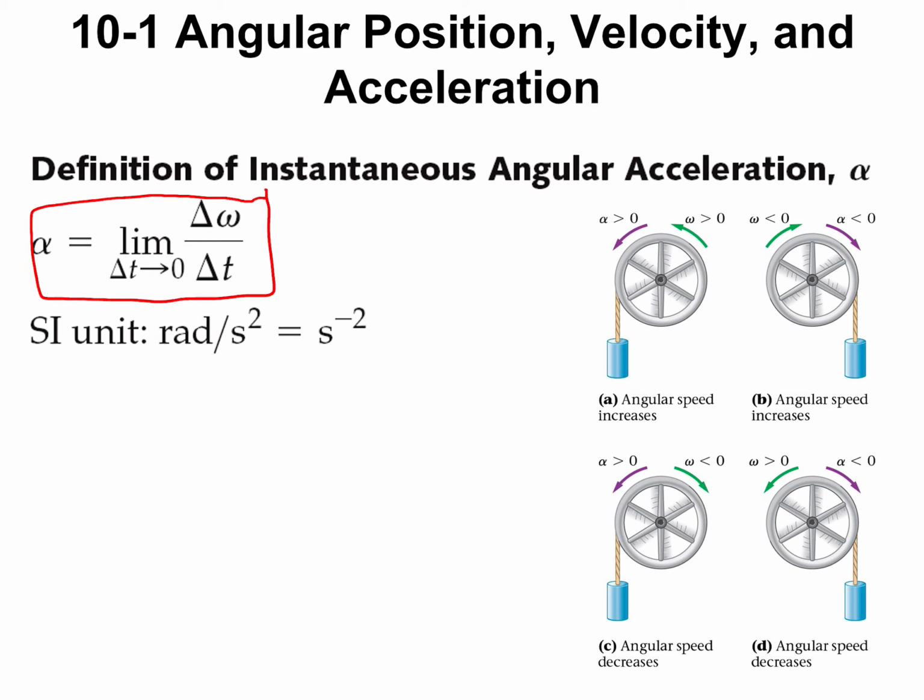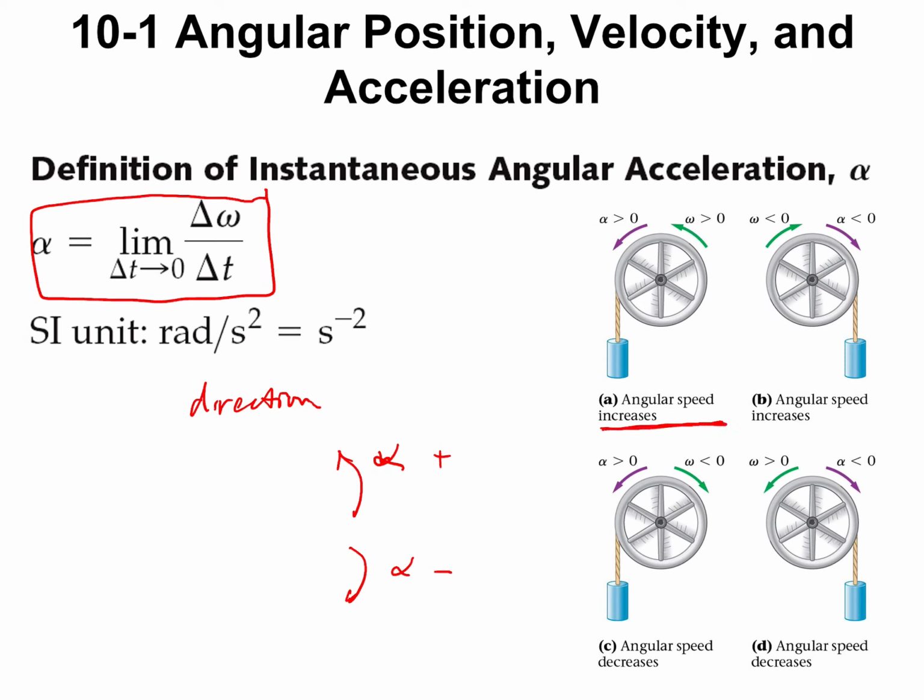When we talk about angular acceleration and angular velocity, we have to look at the direction. If alpha is in the counterclockwise direction, then this is positive. Clockwise, negative. Here is an example.